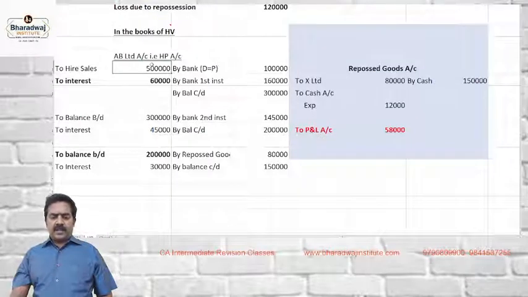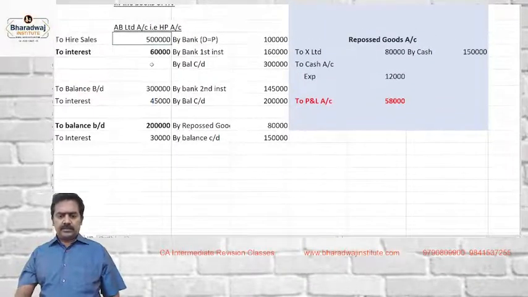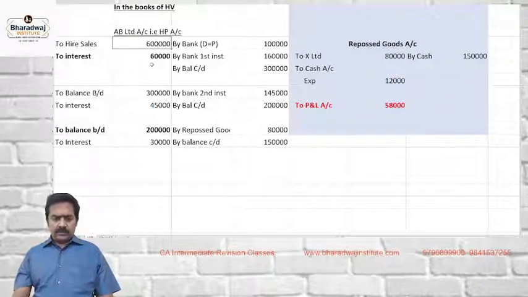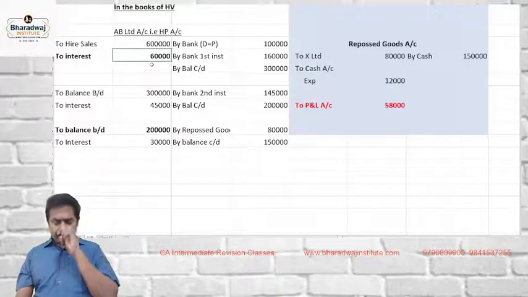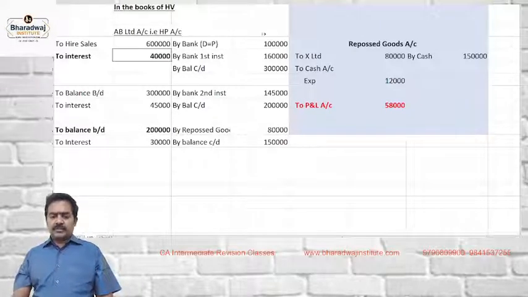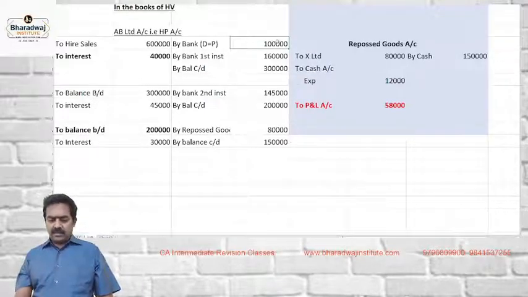What is the hire sales value? Interest for the first year? How much? Down payment? 1 lakh. Down payment. First year installment? Closing balance?